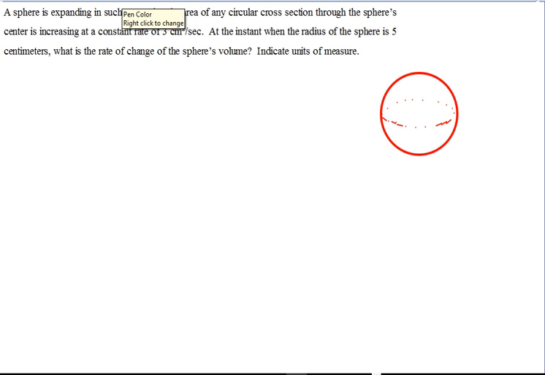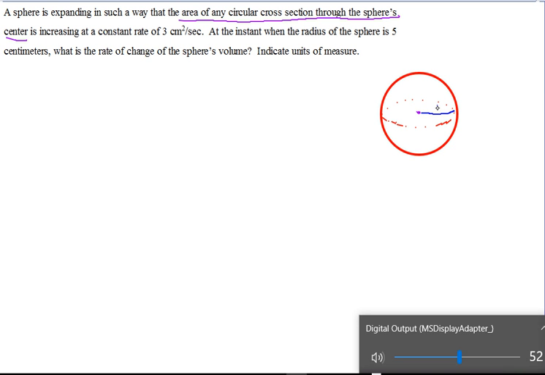Then it says a sphere is expanding in such a way that the area of any circular cross section through the sphere's center. Okay, so if this is the center of the sphere right here, and there's our radius, let me try to draw it better.